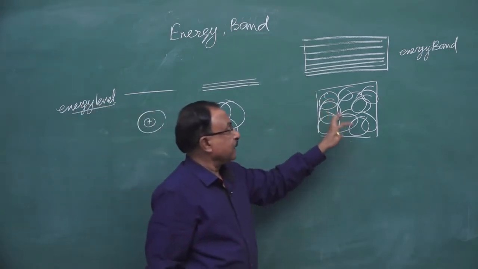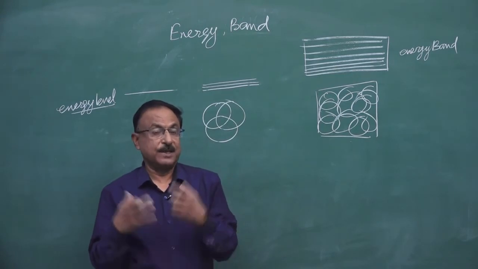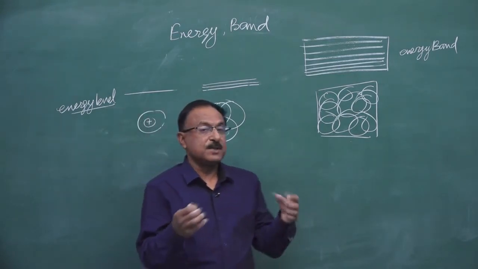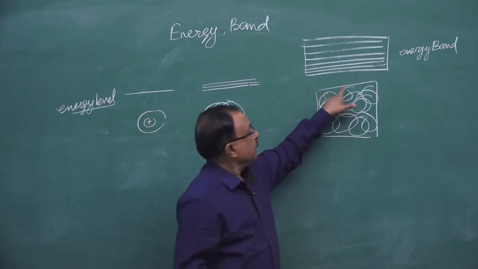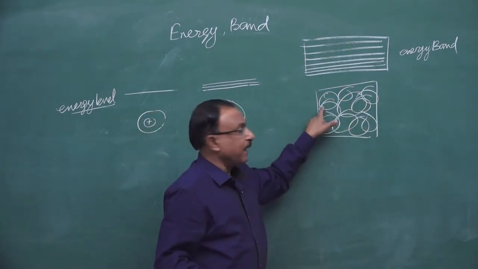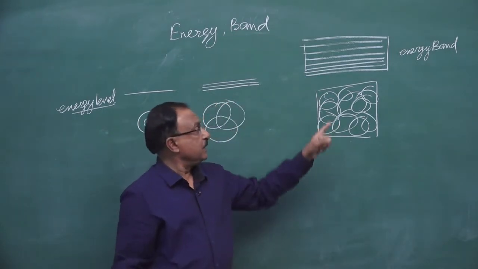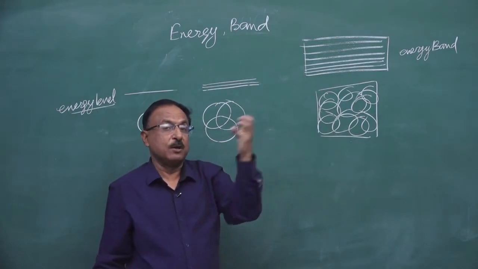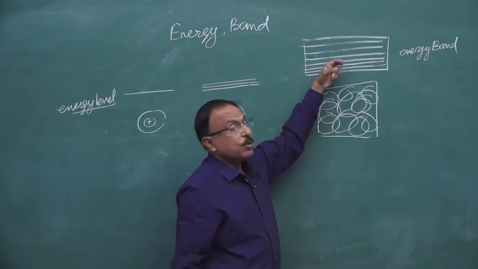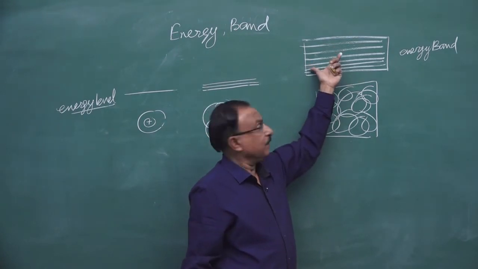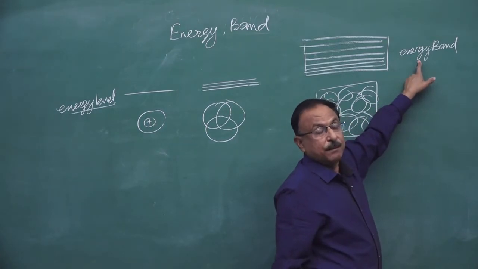Now, when the substance forms a solid crystal, a large number of atoms are very closely packed. In that case, a number of outer orbitals overlap, and the energy of the overlapped orbitals, which have almost the same energy, is represented by a group of closely packed energy levels, and this group we call an energy band.